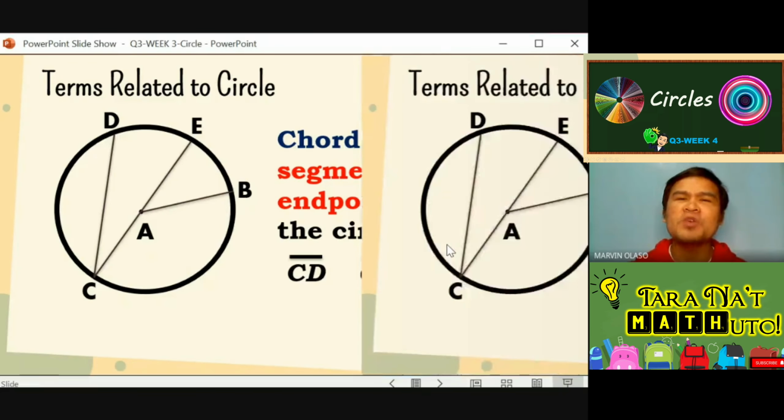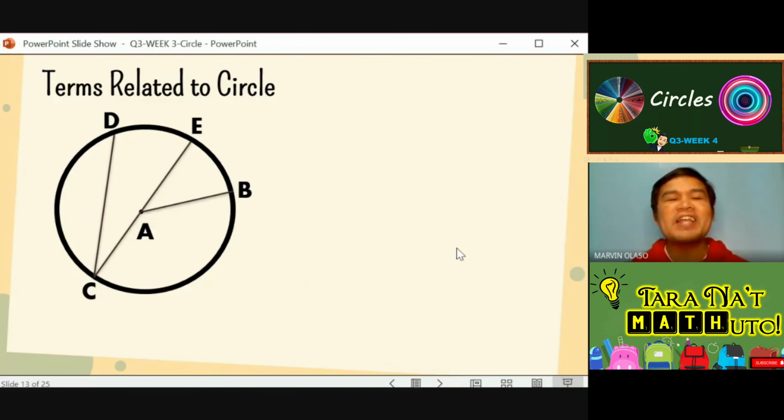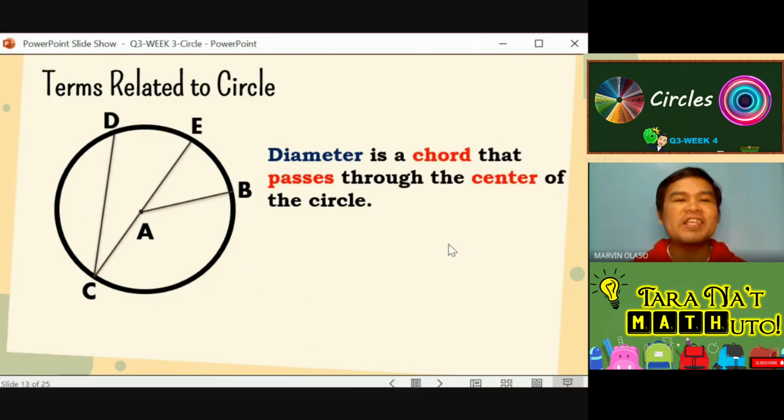Ayan. Ano kaya ang susunod? The next term, ayan, is called diameter. Ayan, basahin natin. Diameter is a chord that passes through the center of the circle. Ayan, ibig sabihin, kapag ang chord, di ba kanina dalawang chord natin, yung chord na yon ay dapat dumaan sa center.